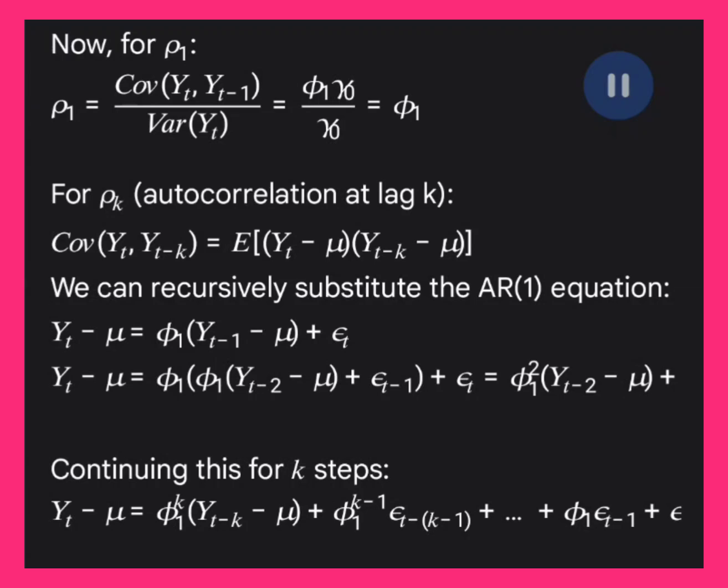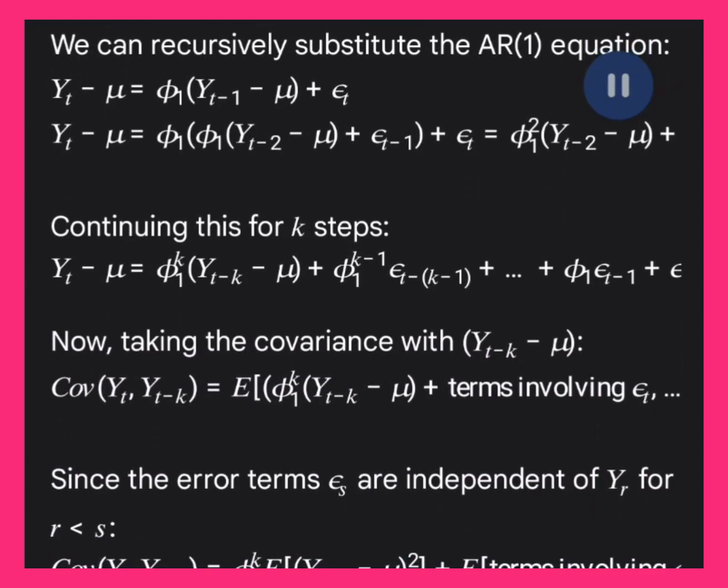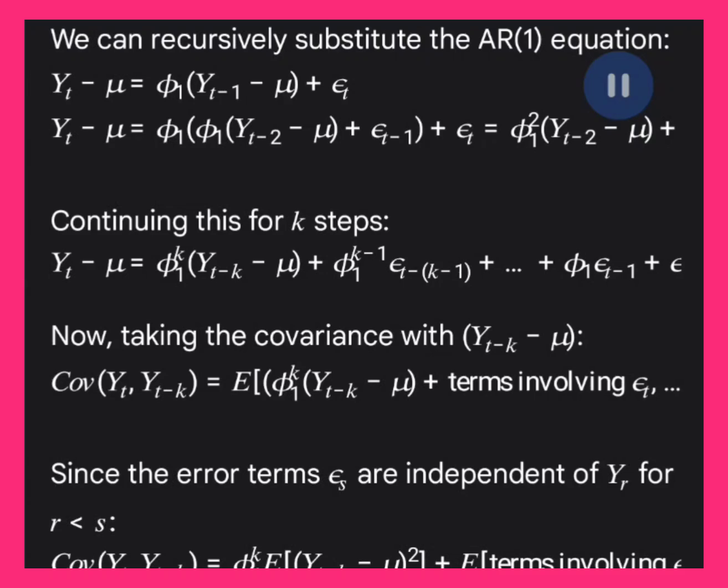We can recursively substitute the AR(1) equation: y_t − μ = φ_1(y_{t-1} − μ) + ε_t, and y_t − μ = φ_1(y_{t-2} − μ) + ε_{t-1} + ε_t, which equals φ_1²(y_{t-2} − μ) + φ_1 ε_{t-1} + ε_t.